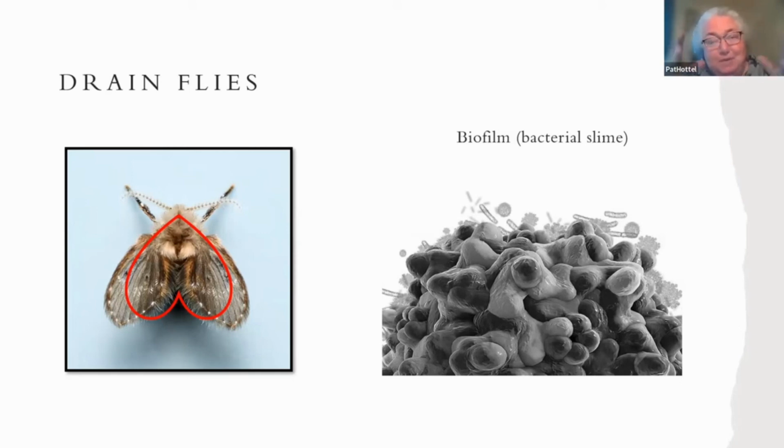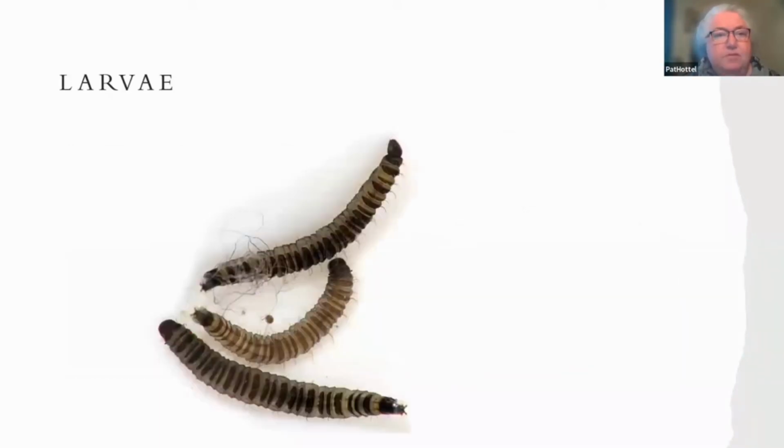They've got slime and a buildup of potential foodborne illness pathogens, including things, again, like salmonella, that's incorporated into that biofilm. It needs to be cleaned, not only because it's supporting our drain flies, but it's also supporting pathogens.